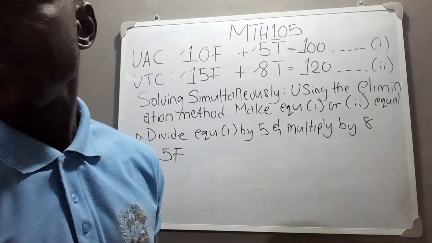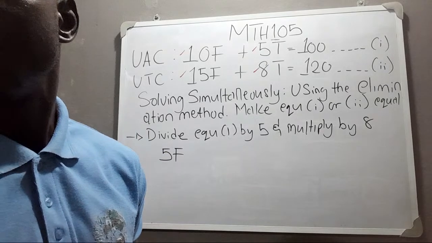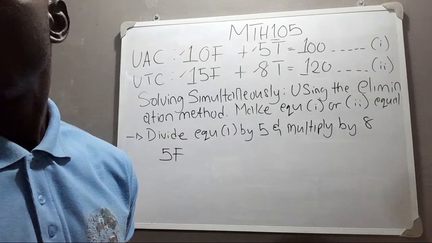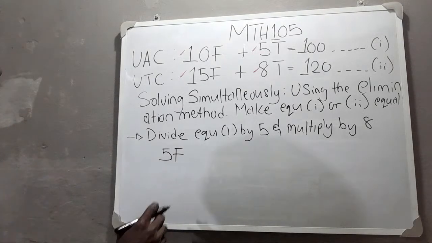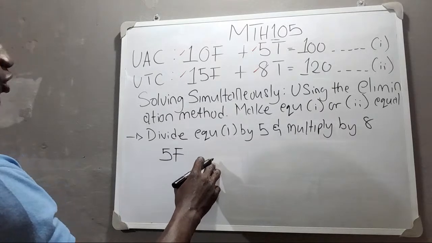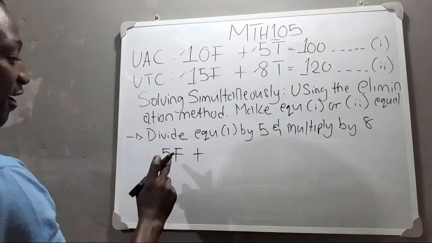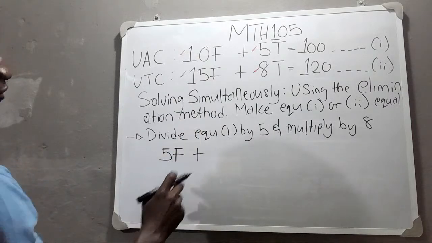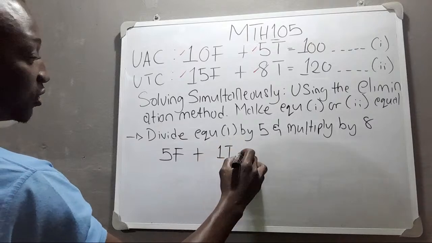Equation 1 says, when we divide 10f by 5, we have 2f, and 5t divided by 5 gives 1t.